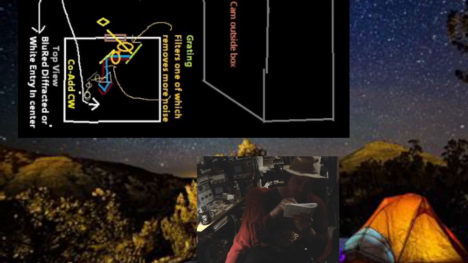So if this is 2 inches, this might be like half an inch. So that's going to give me 4.5 inches from the slit to the point source now. Which means a very small change in the point source is going to affect a very large change in that mirror.